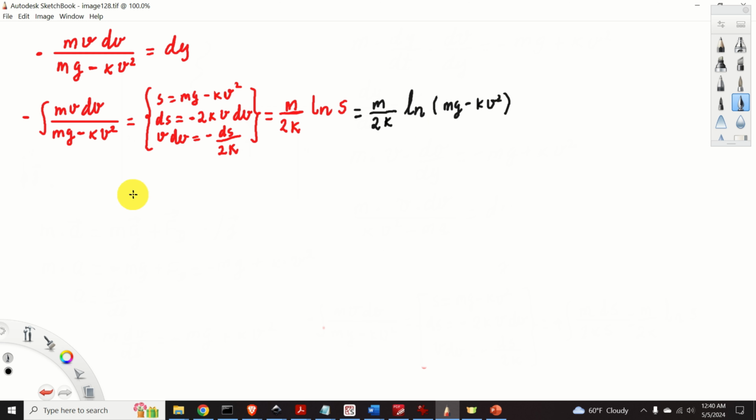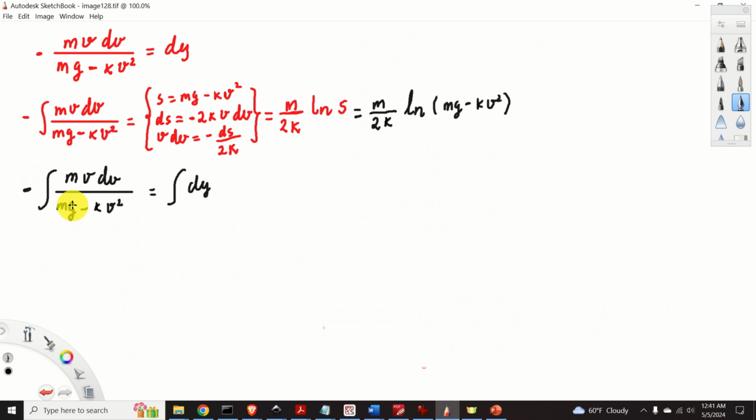Okay, good. Now, let's integrate the complete equation. I will write it over here, minus integral mv dv over mg minus kv squared is equal to the integral of dy.